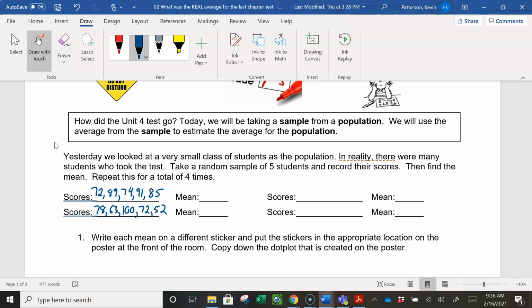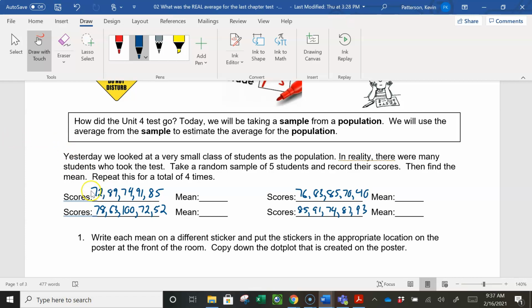Then you took another sample of size 5, so we got 76, 83, 85, 70, and 40. And then our last sample of size 5 is 85, 91, 74, 87, and 93.